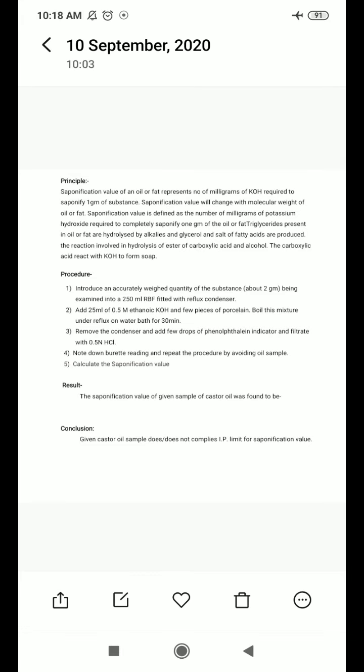In case your value deviates from the standard value, then you can represent in your conclusion that your sample does not comply as per IP. Okay, this is the procedure, conclusion and result, all about saponification value.